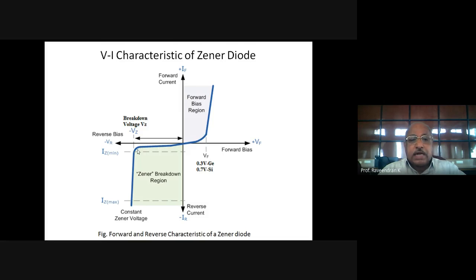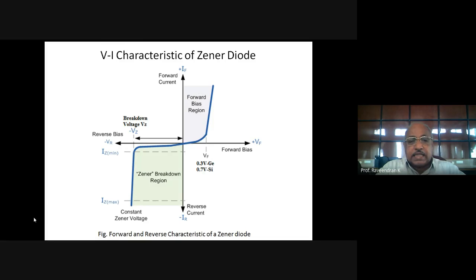But after the Zener breakdown occurs, after this breakdown voltage Vz, the Zener breakdown voltage usually designated as Vz, the current increases very sharply like this. With a very small increase in voltage, a very sharp increase in current occurs here.